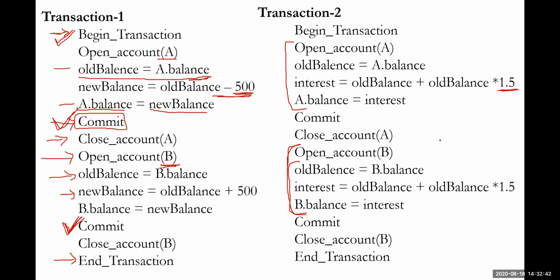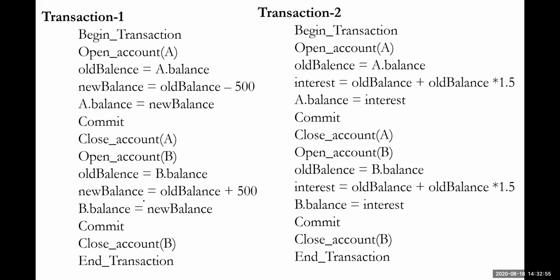Now the point will be, if these 2 transactions are submitted at the same time. So now let me explain the ACID properties. What do you mean by ACID properties here? In the sense, transaction 1 and transaction 2 are both submitted at the same time.